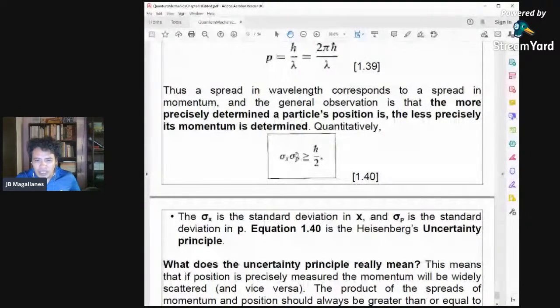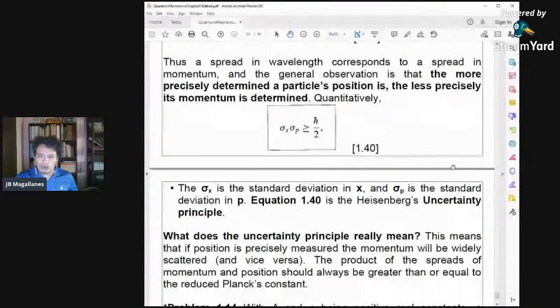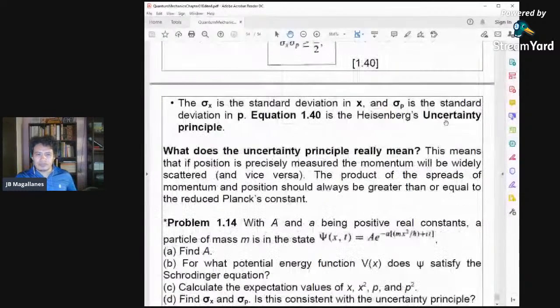Or if the spread in p is very small, the spread in x should be very large, in order that this equation is preserved. That is called the Heisenberg's uncertainty principle. Sigma x is the standard deviation in x, and sigma p is the standard deviation in p.